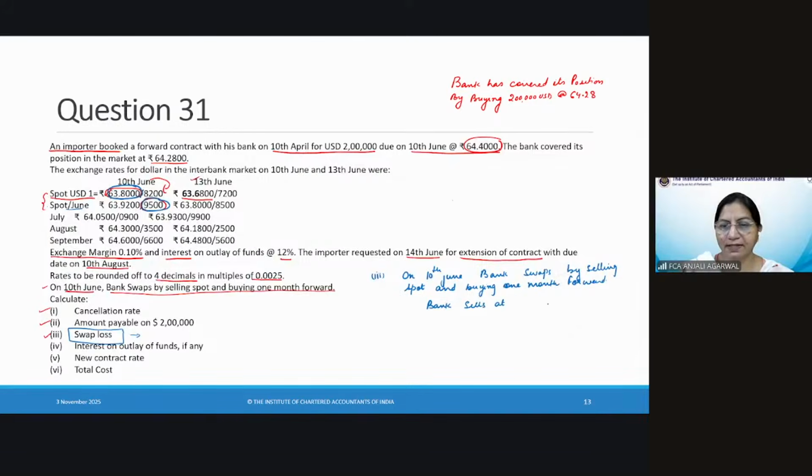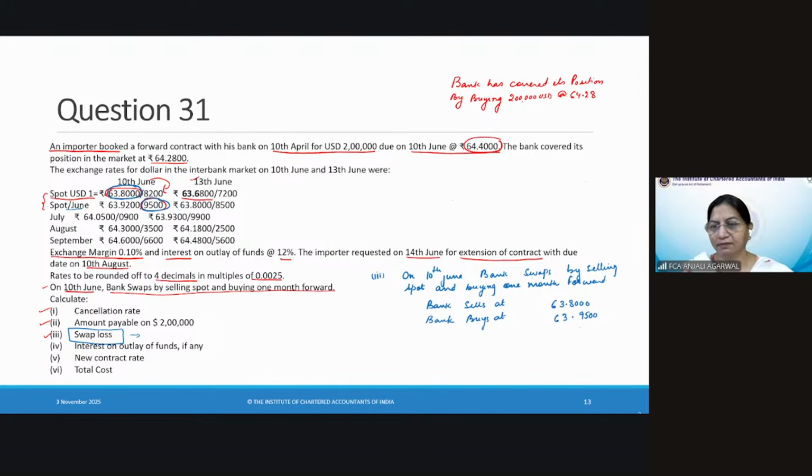So bank sells at 63.80. Bank buys at 63.95.